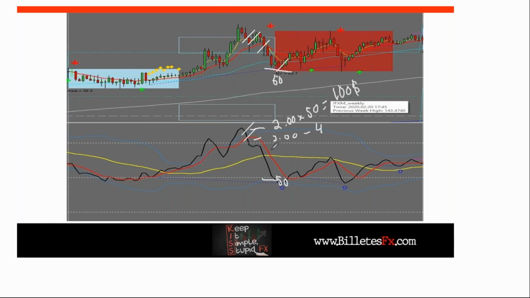It went from here 10 points in, and then it crossed. So let's just make 40 points on that trade. What's 2 times 4? You made $80 on that second position, because now profits are making profits on top of profits. Okay, follow along.